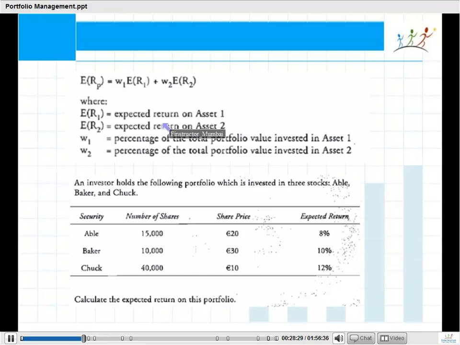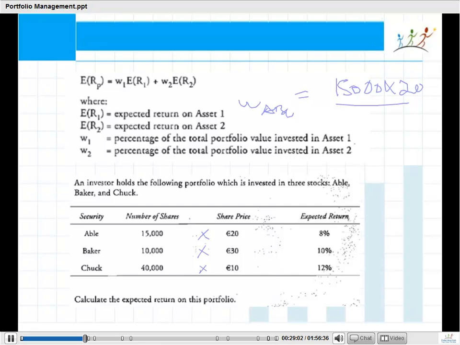The expected return on the portfolio is computed as the weighted average of the individual stocks. What are the weights? Weights are the proportions by market cap of each stock that you own. So what is the weight of Able? It will be 15,000 into 20 divided by the total value of the portfolio.